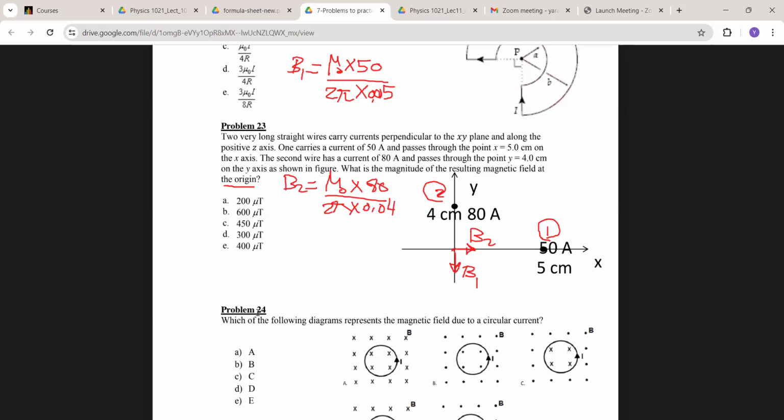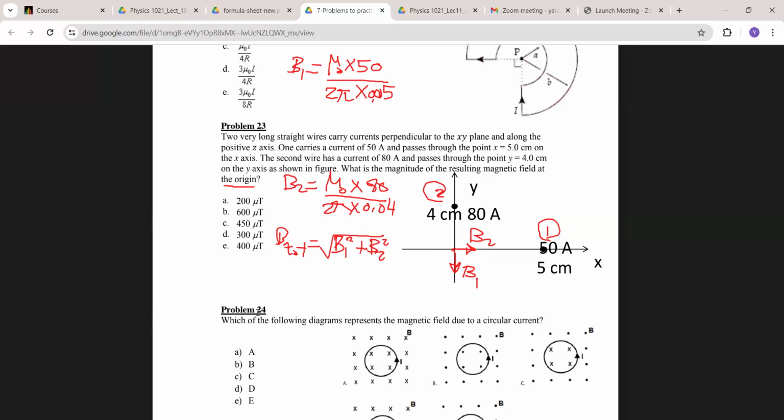He wants the total magnetic field. So B total would be the square root of B1 squared plus B2 squared. So we are going to calculate B1 and B2.